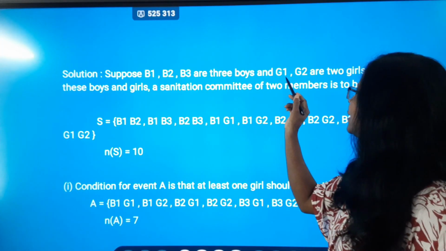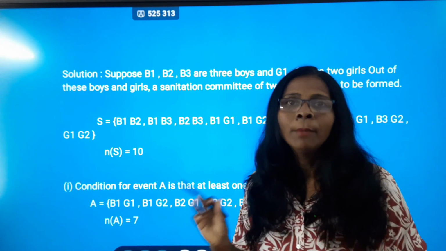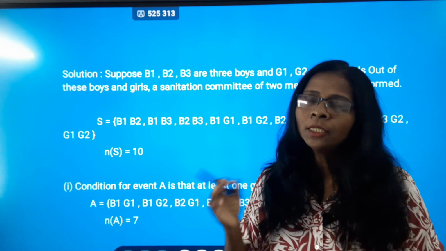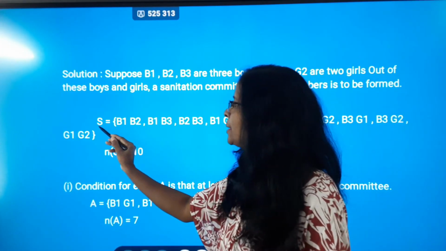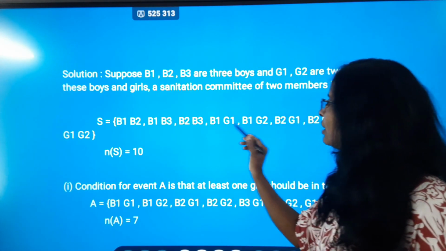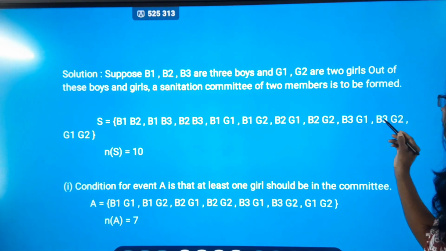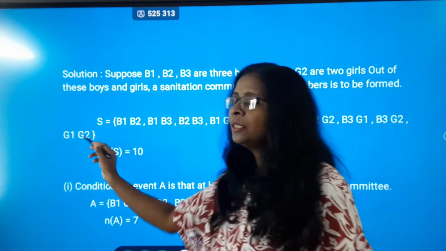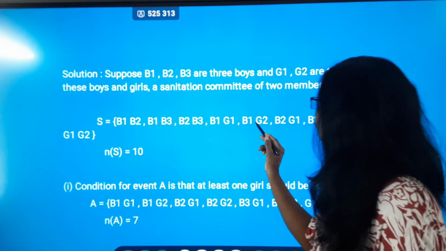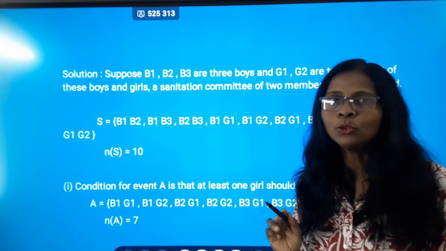The committee is formed by 2 members, either girls or boys. So the sample space S is equal to {B1B2, B1B3, B2B3, B1G1, B1G2, B2G1, B2G2, B3G1, B3G2, G1G2}. Count this: 1, 2, 3, 4, 5, 6, 7, 8, 9, 10. So n(S) is equal to 10.